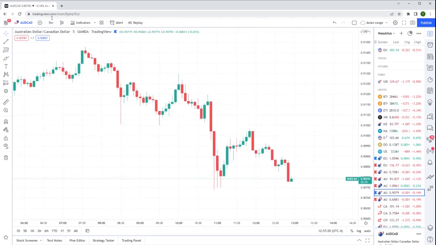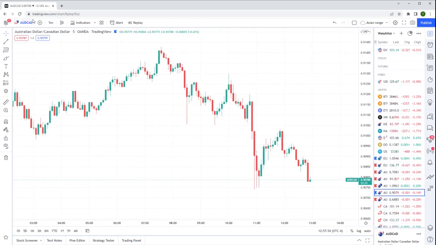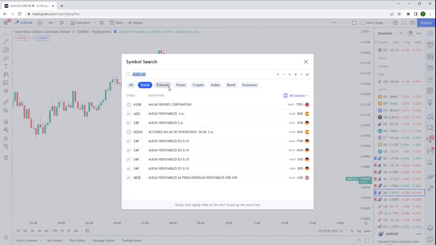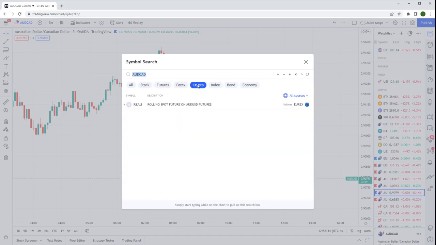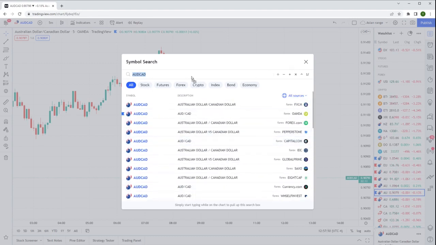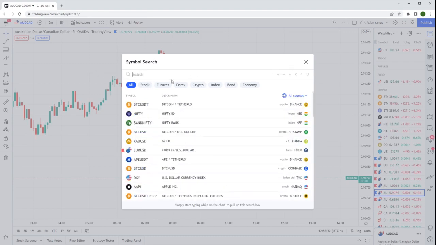So you're going to want to go to tradingview.com. If you're new to trading, it's a website where you can look at any currency pair, stock, forex, futures, cryptos, anything that you want to look for, you'll be able to find it in there. They have all the different currency pairs for forex.